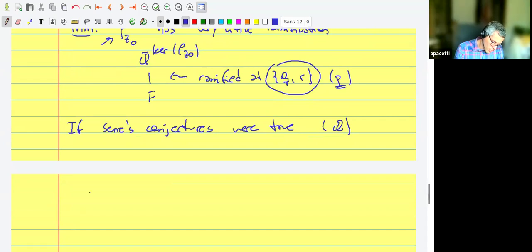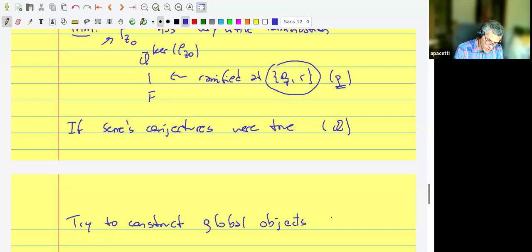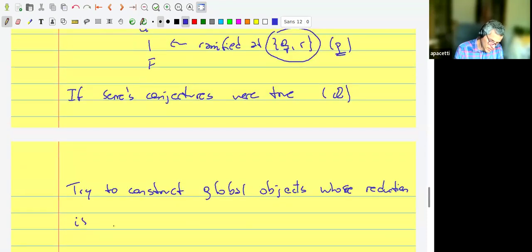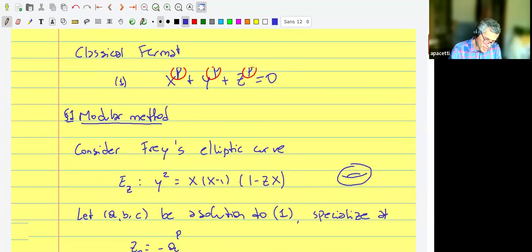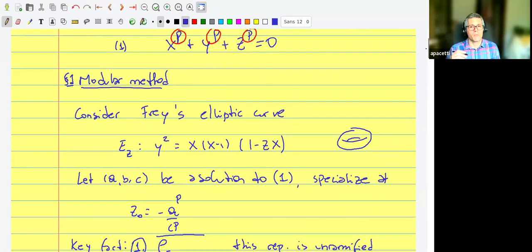And the idea of what Darmon proposed in his article is to try to construct global objects whose reduction is this rho. Okay? And what do I mean with a global object? Well, if you recall how we started with an elliptic curve.